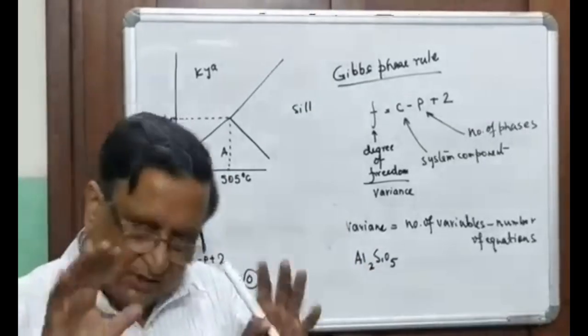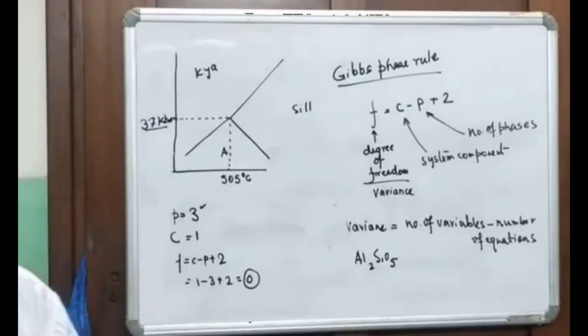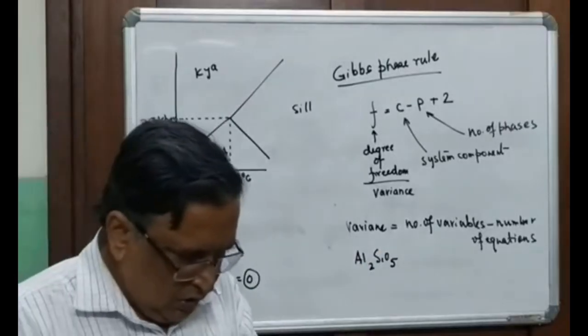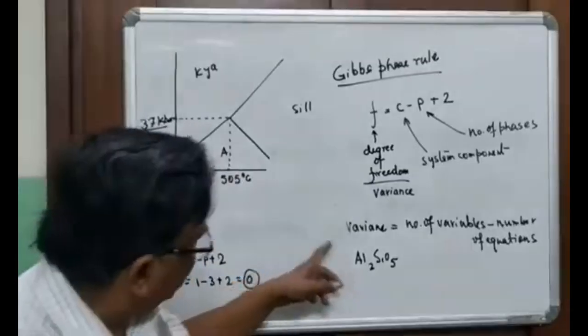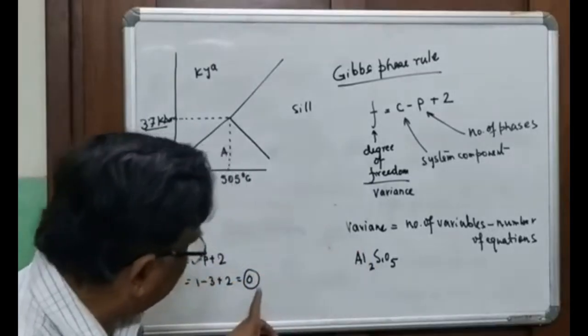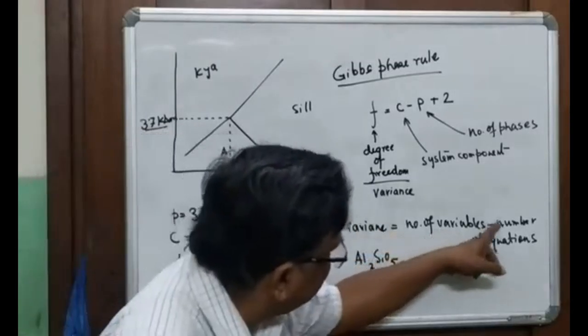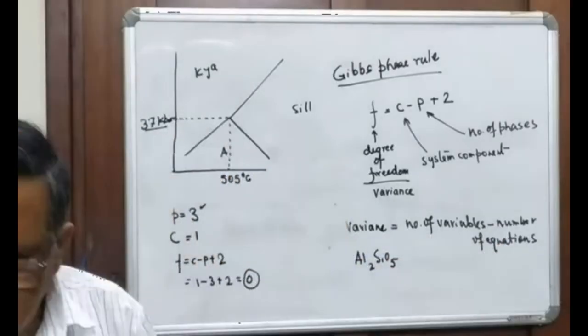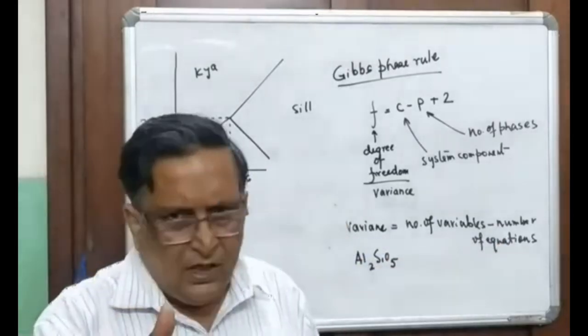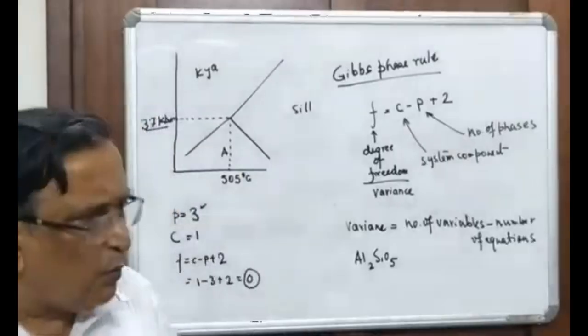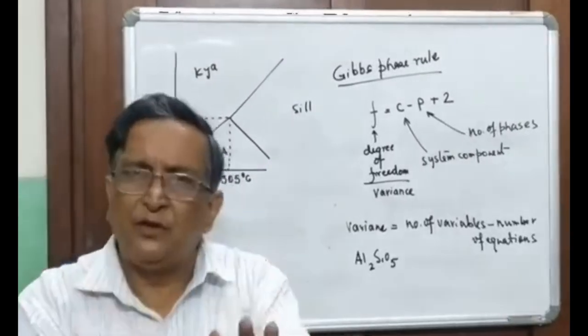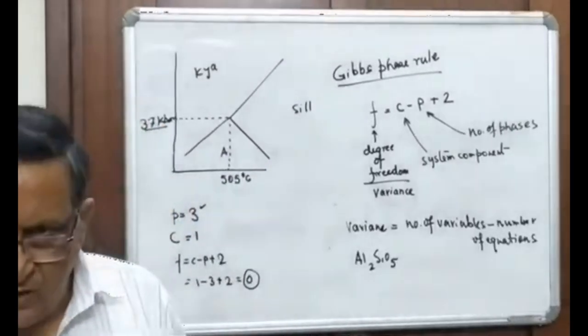But imagine there are equations. So the number of variables is equal to the number of equations. We will talk about it a bit later.